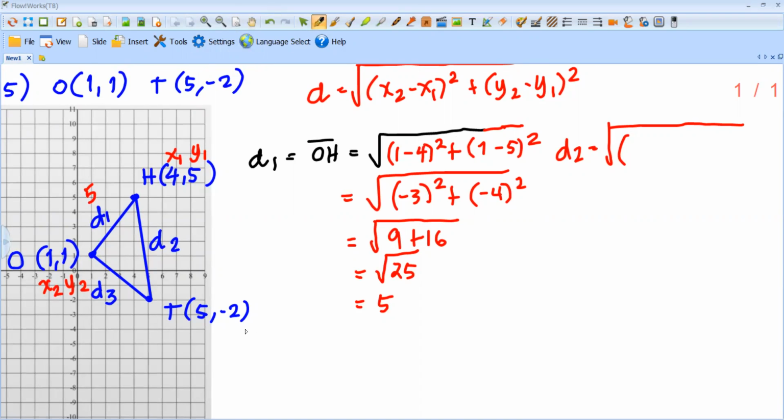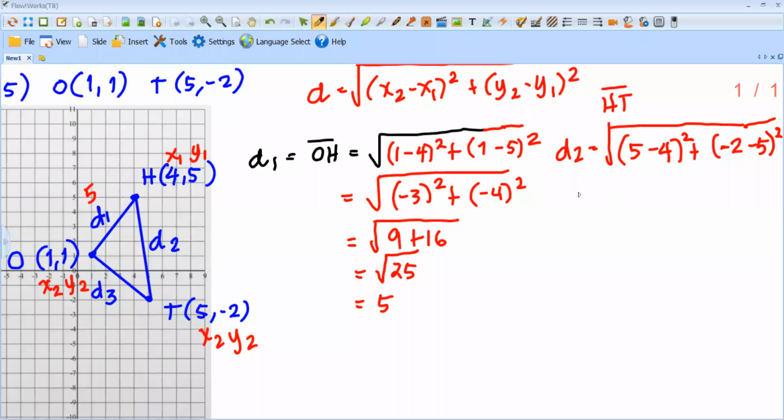So let us say that this is x sub 2 and y sub 2, since we have H to T. So x sub 2 is 5 and x sub 1 is 4, squared, plus y sub 2, which is negative 2, minus 5, squared.